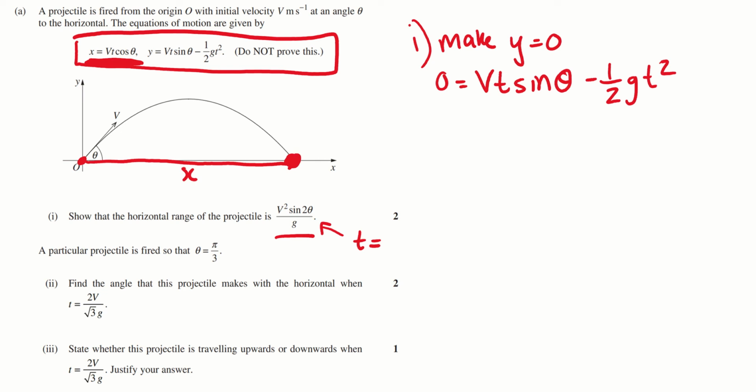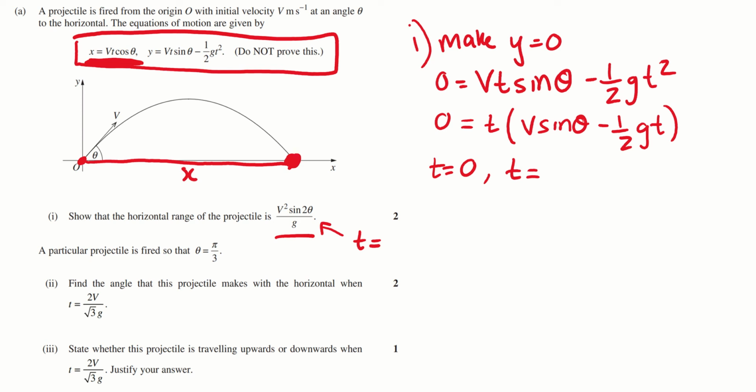So now if I have to solve this equal to 0, the first thing I'm going to do is factorize out a t, minus a half gt. Now we can see here, well, t is equal to 0, and t is equal to, well, I'm going to have to actually do a bit of work here. v sine theta minus a half gt equals 0.